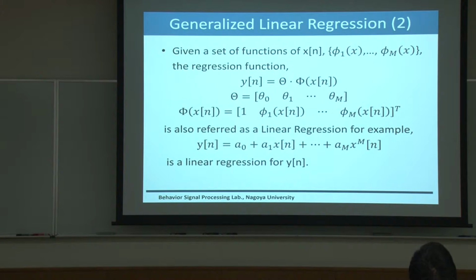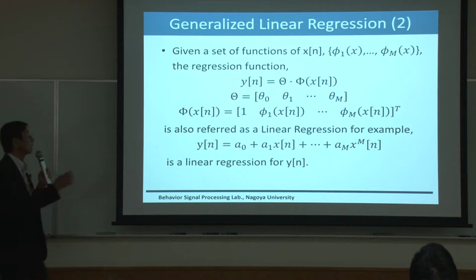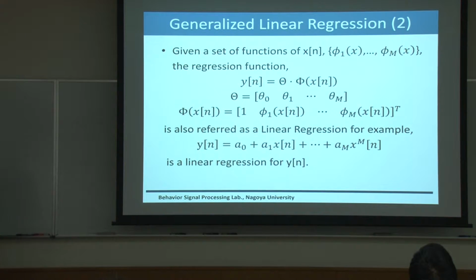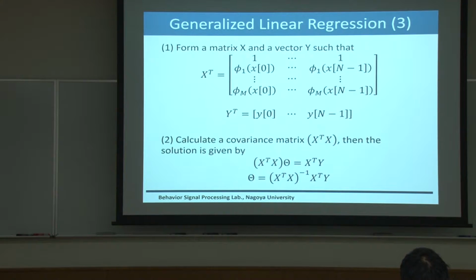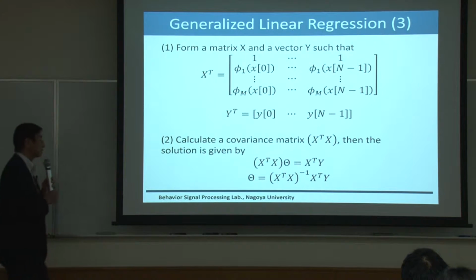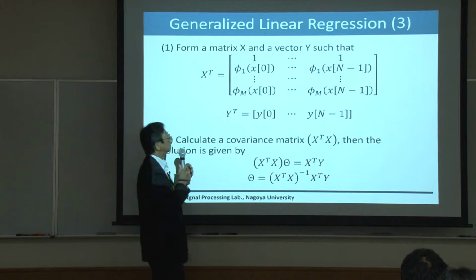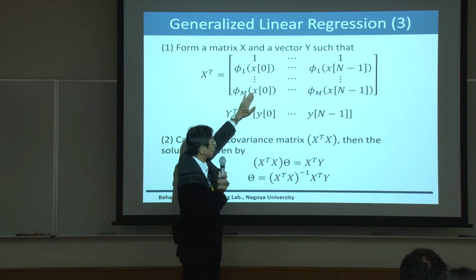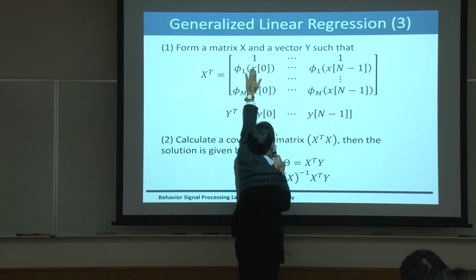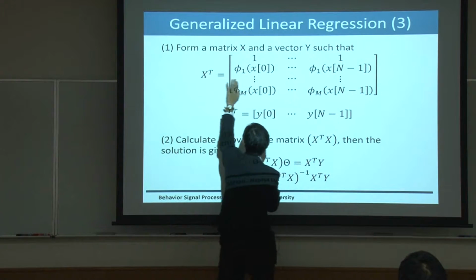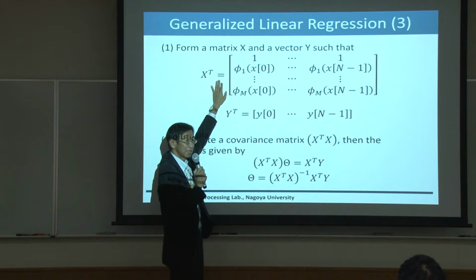Here's a generalized linear regression based on the unknown or arbitrary functions phi 1 to phi M. You can do exactly the same thing as just before. You also put 1 here. Again, this is the X transpose matrix.